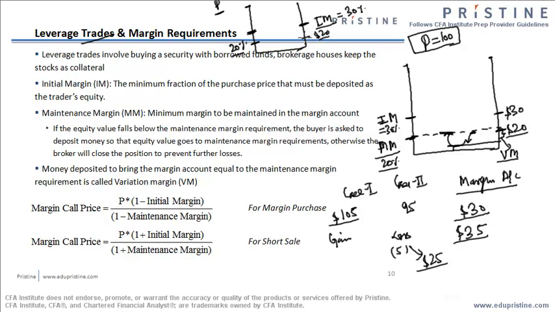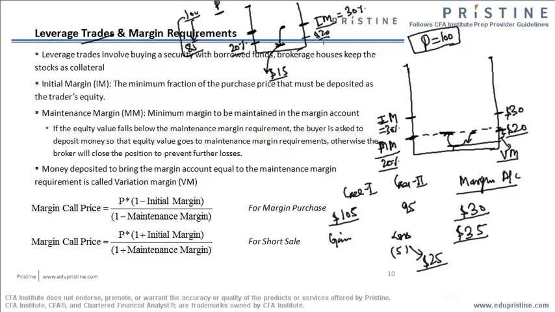Suppose initially it was 100, and it goes to 85, so your margin account will go down by 15 units from 30, so your current account will go to $15, which is below the maintenance margin.